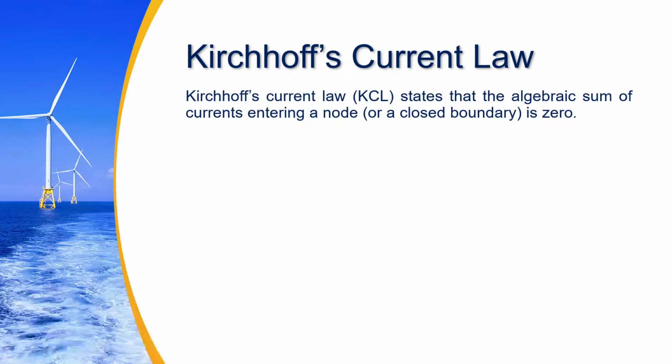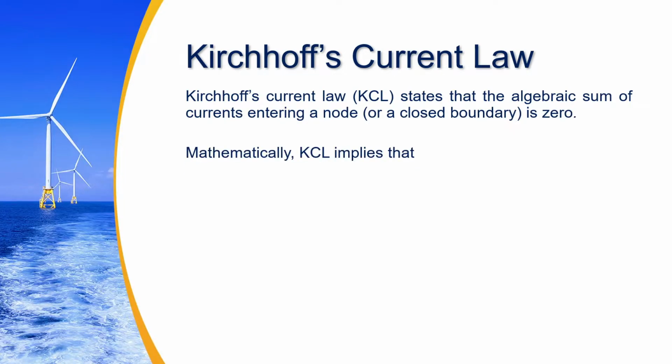Kirchhoff's current law, or KCL, states that the algebraic sum of currents entering a node or a closed boundary is 0. Okay, so lahat daw ng current na nag-enter dyan, or pwede rin naman na nag-exit or lumalabas sa node na yan, is equivalent sa 0.